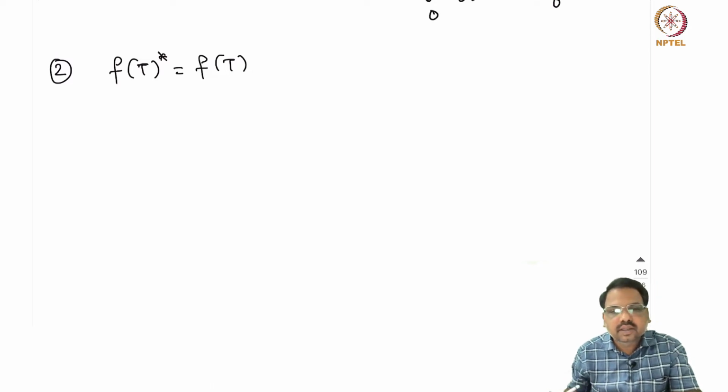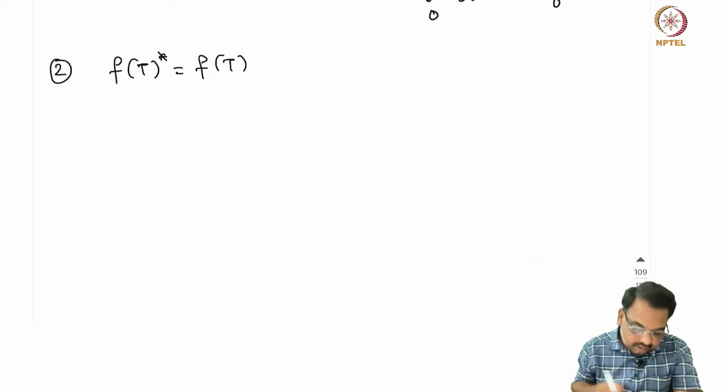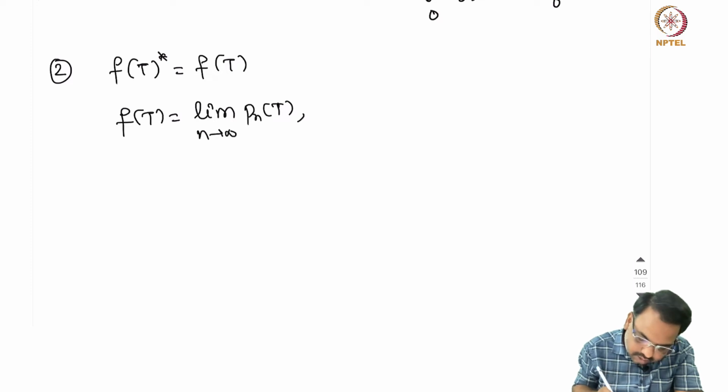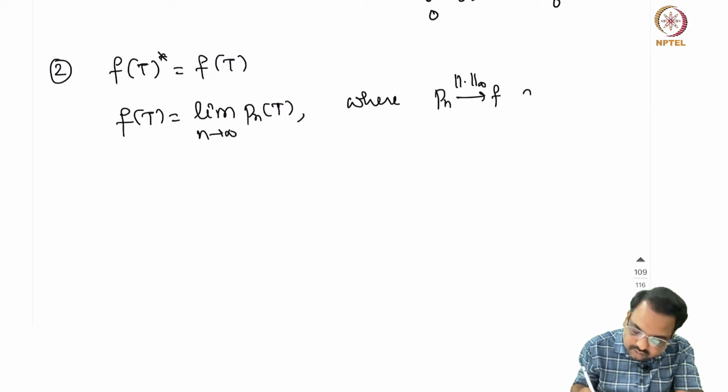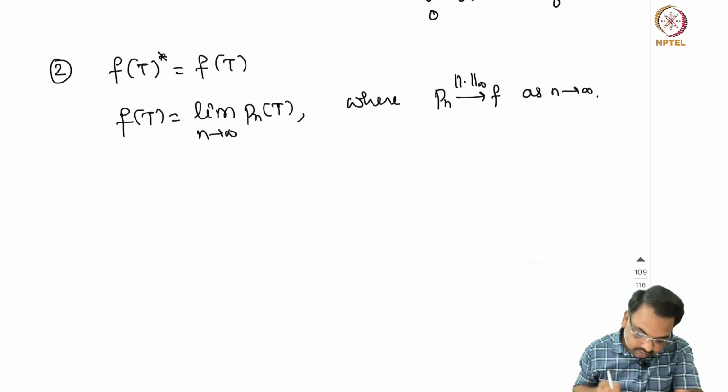We know that each Pnt is self adjoint, so from that we can conclude that the limit is also self adjoint. Hence f of t is self adjoint.